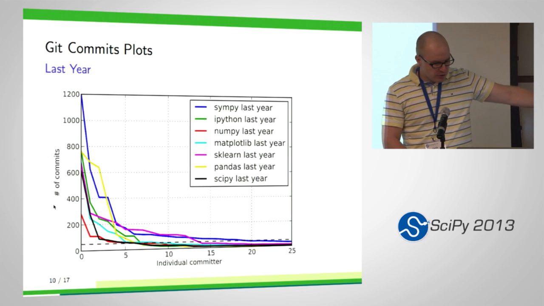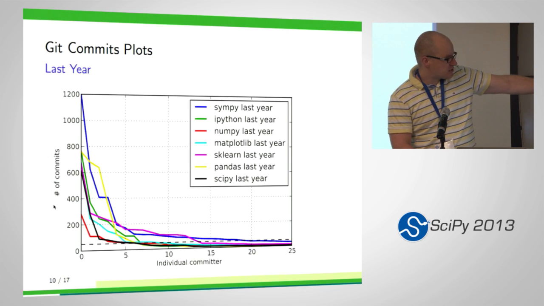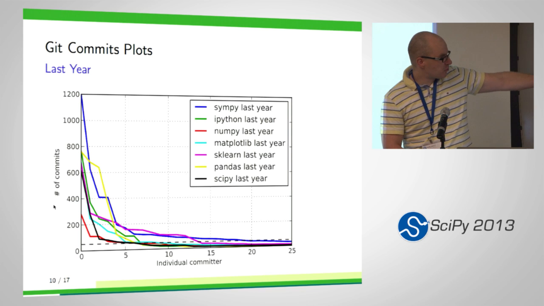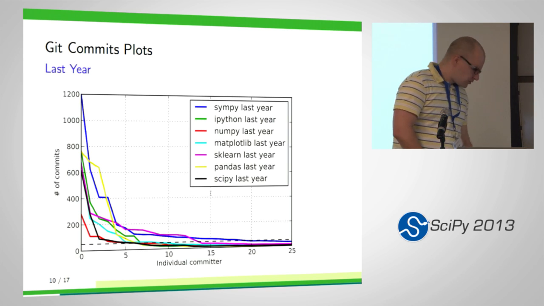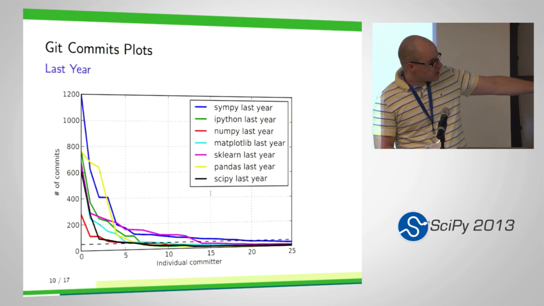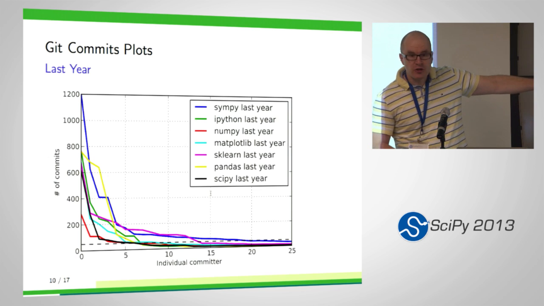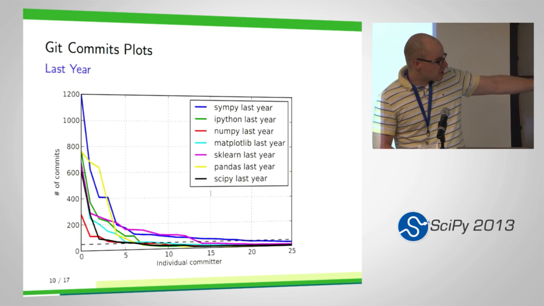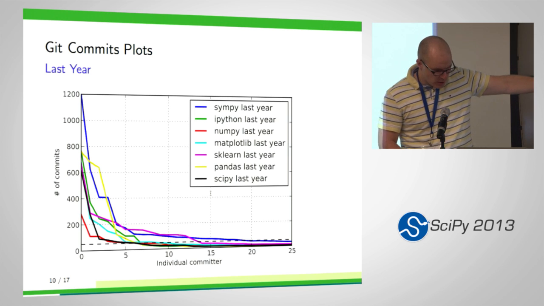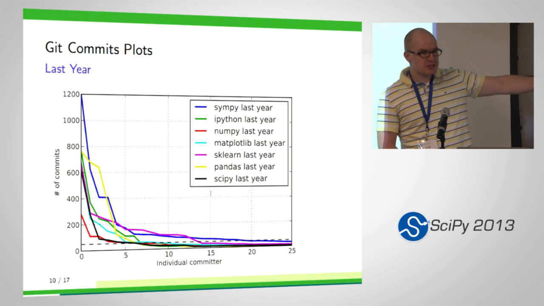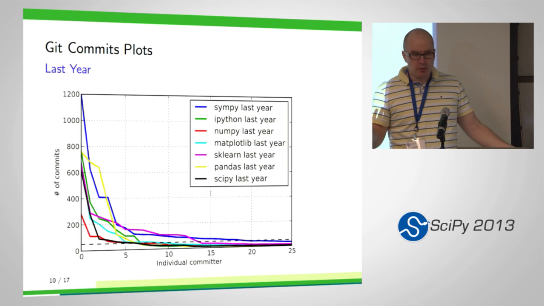The dashed line is an arbitrary threshold of 50 commits or more. So you can see how many people contributed 50 commits or more. If you look at the blue line, that's SymPy, it's about 20 people. So in the last year, about 20 people contributed 50 commits or more.